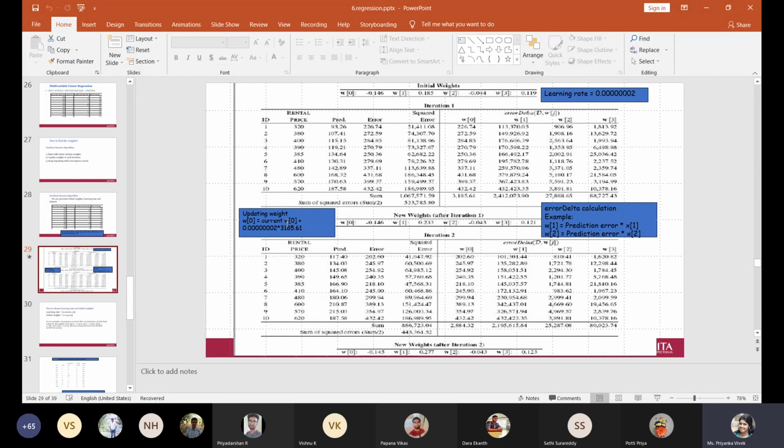What is the learning rate? That is 0.00002, into this big value, the sum of error delta of W1, D comma W1. When you do that, are you getting this? You should tell me.